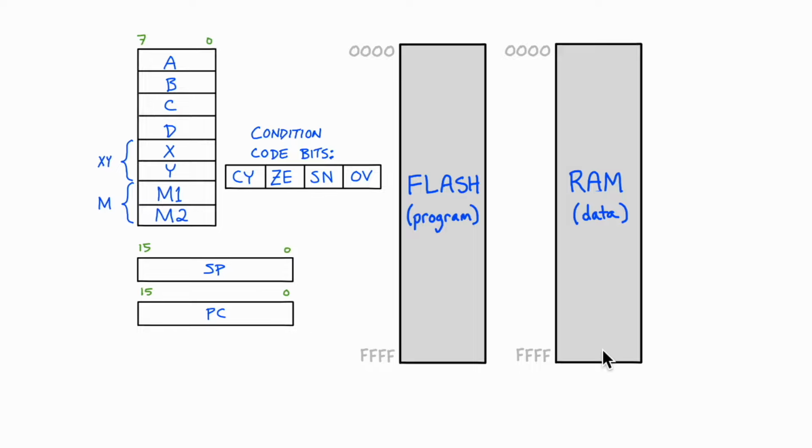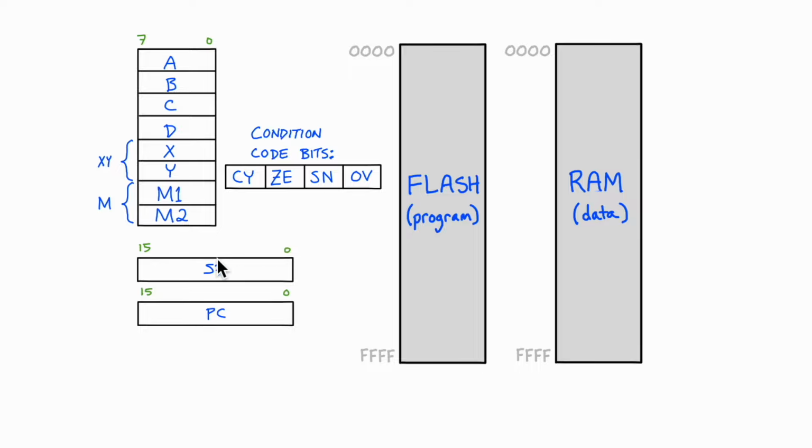The stack pointer will index into the RAM, and again it's 16 bits, and the RAM is addressed starting at address 0000 all the way up to an address of all ones of 16 1-bits, that is hex FFFF.